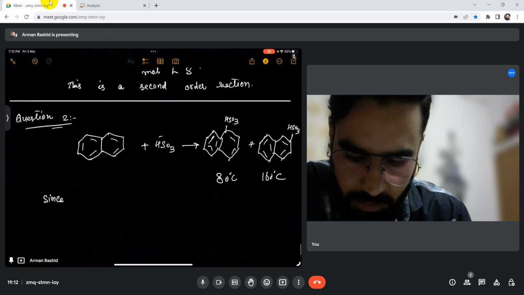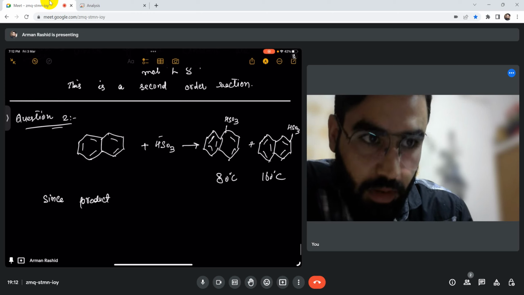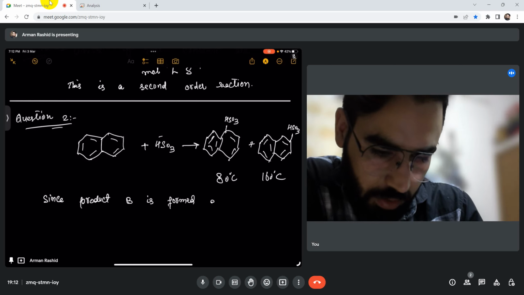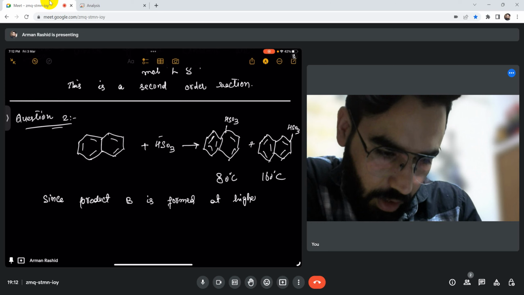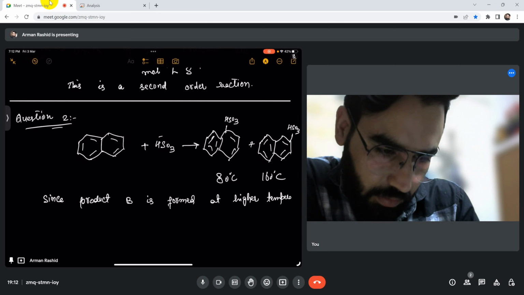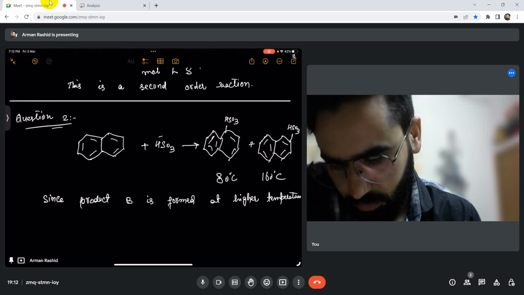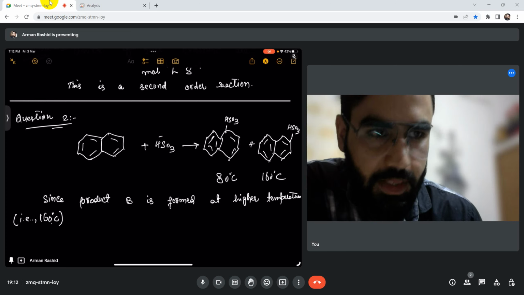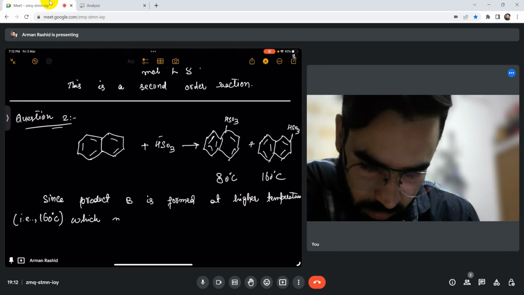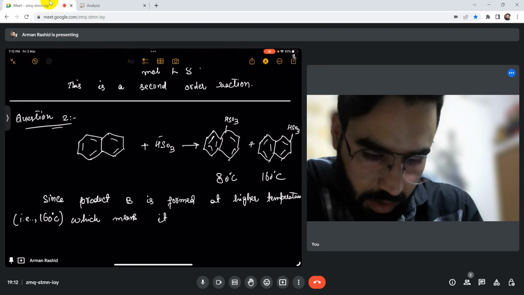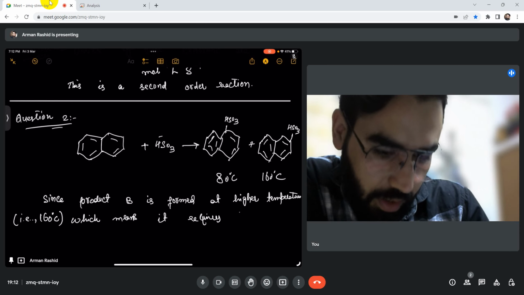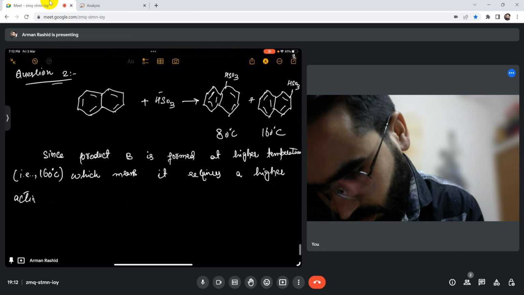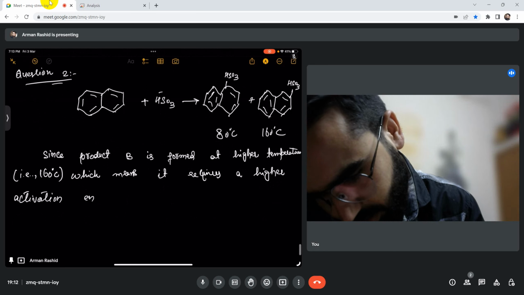I'll also write here, since product B is formed at higher temperature, that is 160 degrees Celsius, which means it requires a higher activation energy.